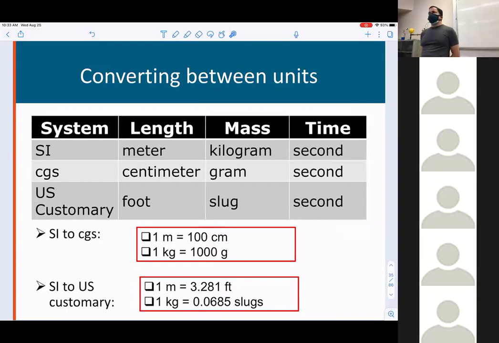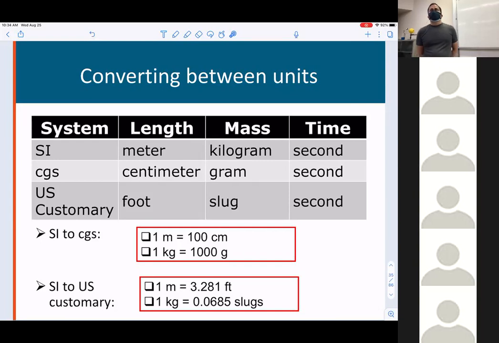So is a slug bigger or smaller than a kilogram? Is one slug bigger or smaller than 1 kilogram? I think a slug's bigger. Yeah. Somebody give me your reasoning if you believe in what you're saying.